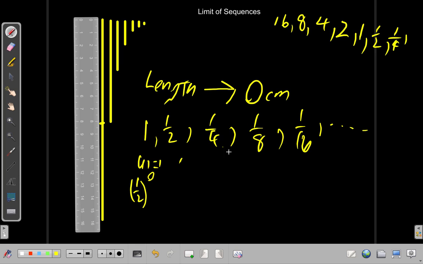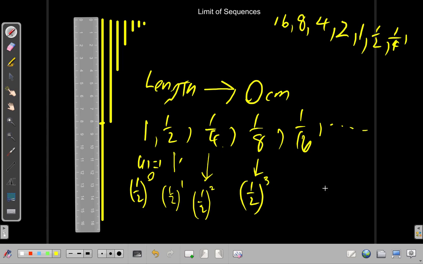It is half to the power of, remember, first term the power was 0, second term the power was 1, third term the power was 2, and the fourth term the power is 3.